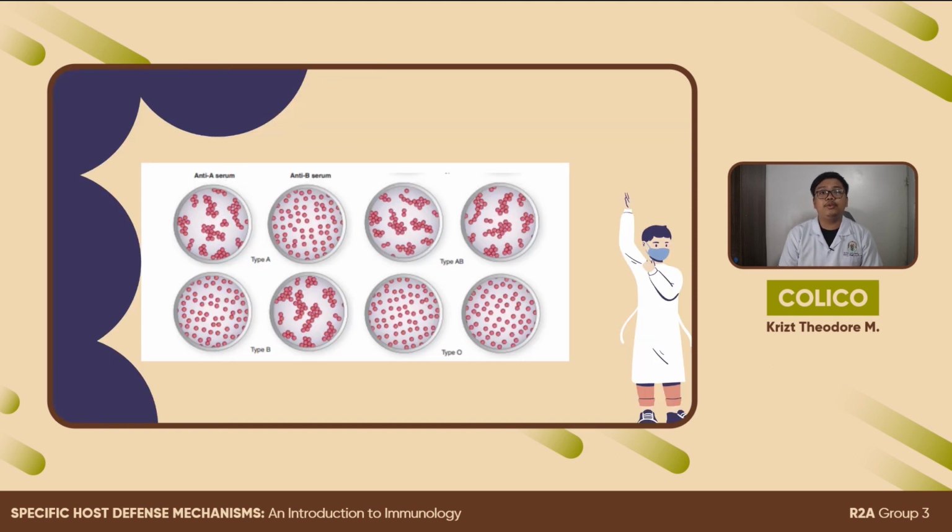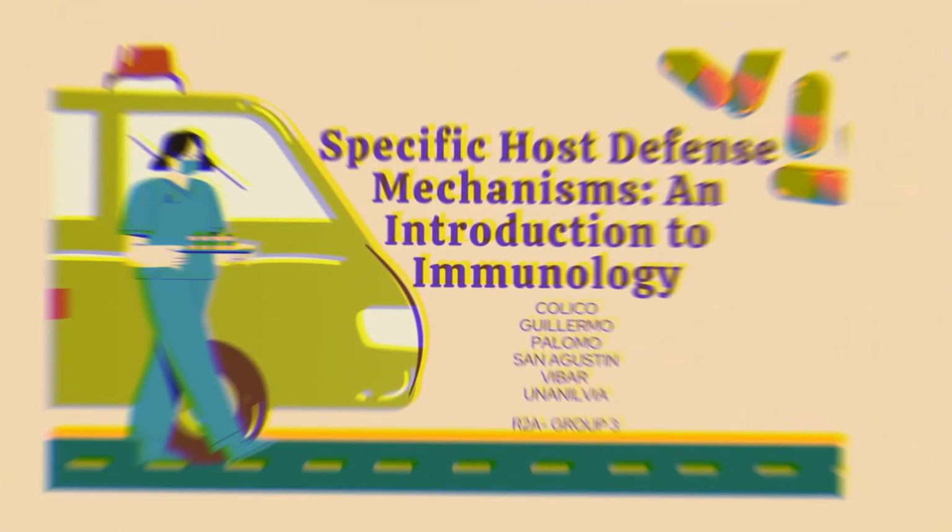A person is said to be A positive if his or her RBCs have A antigen and Rh antigen on their surface but lack B antigen. Second example, a person is said to be O negative if his or her RBCs lack A antigen, B antigen, and Rh antigen. It is important to remember that in addition to the antigens that determine a person's ABO blood type and Rh status, the surface of RBCs contains many other antigens.